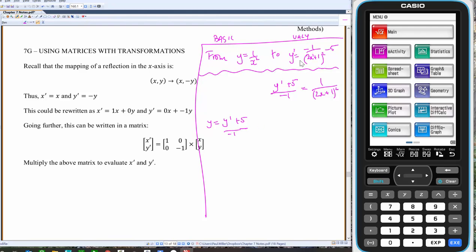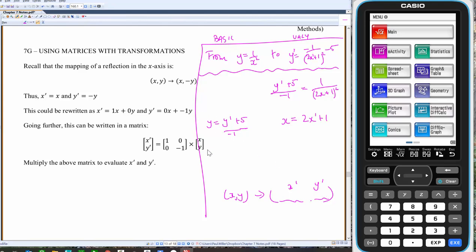Now this one here, let's pair them up, and I'm going to say that x is equal to 2x dash plus 1. Now I've just got to think about what I make the subject. What I need to do is make x dash the subject and y dash the subject, because once I do that, I can fill in the transformations.